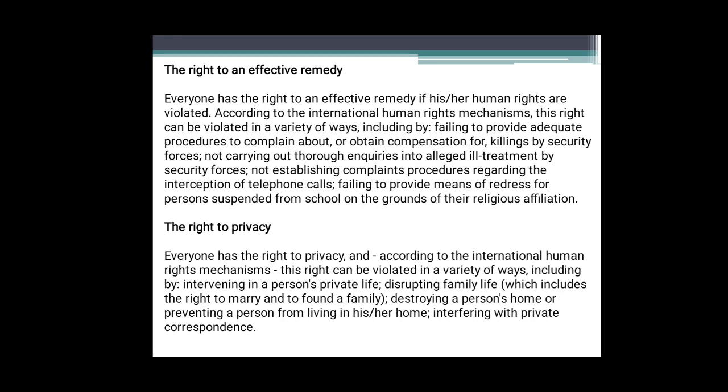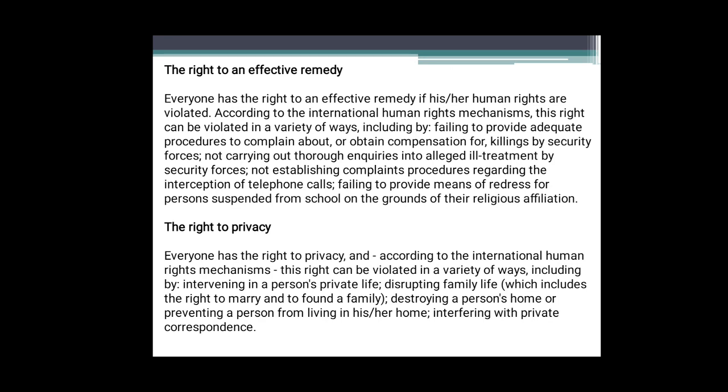So according to the international human rights mechanism, violations include failing to provide adequate procedures to complain about or obtain compensation for killing by security forces, not carrying out inquiry into alleged ill treatment by security forces, not establishing complaint procedure regarding the interception of telephone calls, failing to provide means of redress for persons suspended from school on the ground of their religious affiliations.